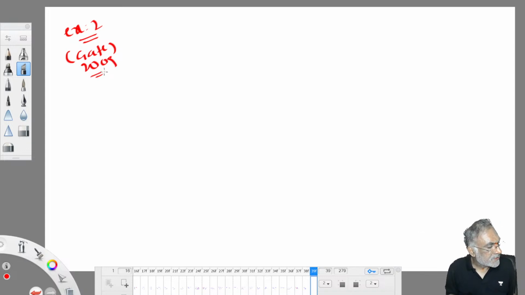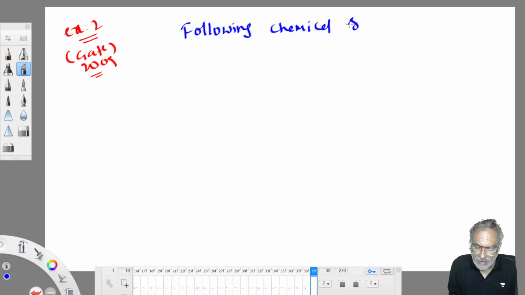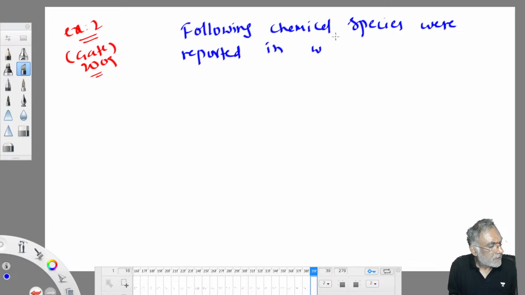Following chemical species were reported for a water sample from a well. Find total alkalinity. He has given so many, but whatever we require, that only we take.